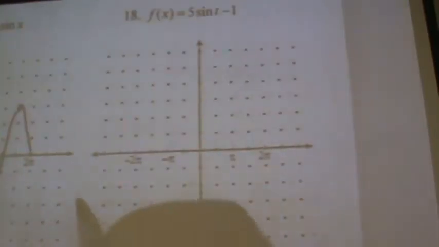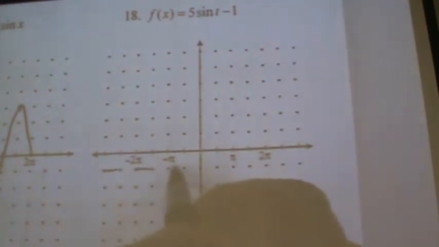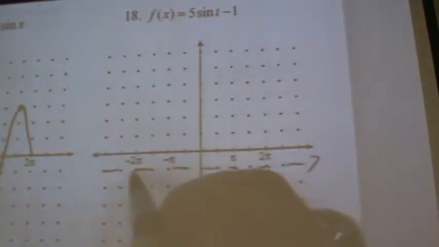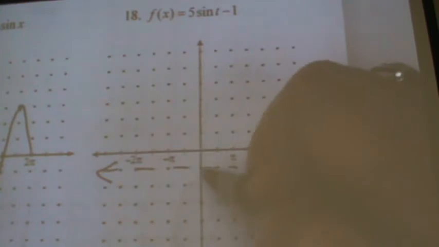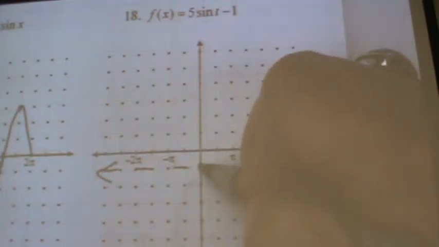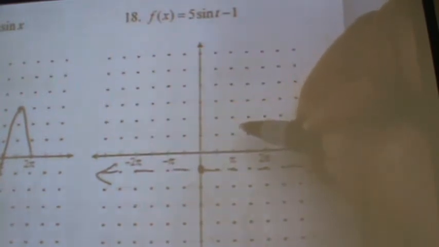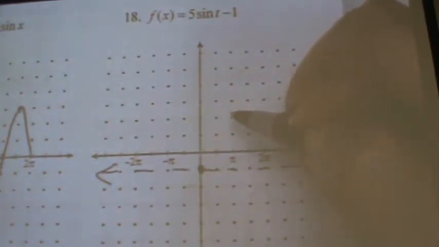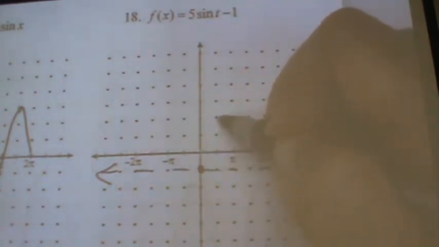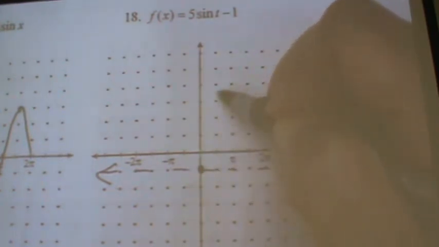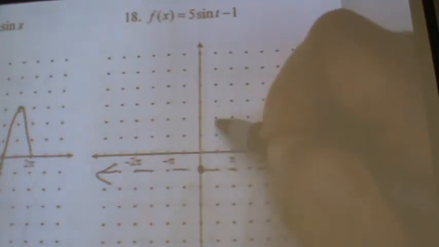Where do you start? -1, and do what? Go up 5. Start at 0, and then go where? So what's your maximum value? 4. Good, 4. 1, 2, 3, 4. You want to go 5 off this axis. So 1, 2, 3, 4, 5.